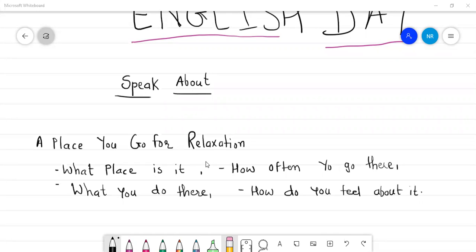For relaxation, I would like to go for a walk, buy some ice cream, eat it and walk around my area for half an hour. Then I will go to a garden and sit there, wondering what people are doing and what I have to do, and think about how my day is going.